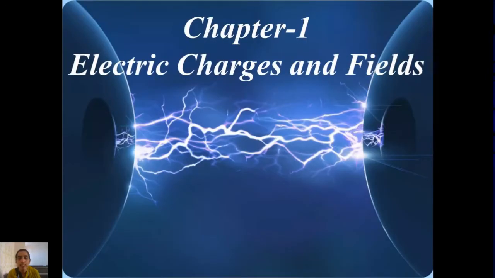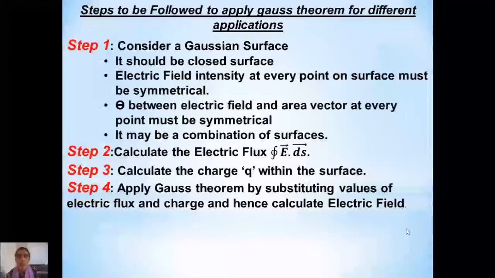Before getting started, let's just recall the previous session. In the previous session, we were discussing applying Gauss law in different practical situations. One, we had discussed an infinitely long charged wire. The second application we had discussed is the plane sheet, an infinitely long, thin plane sheet.